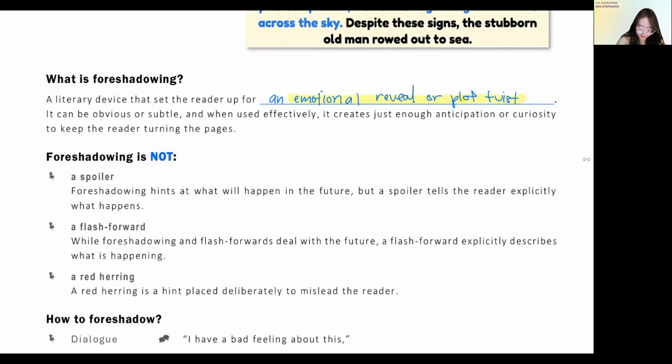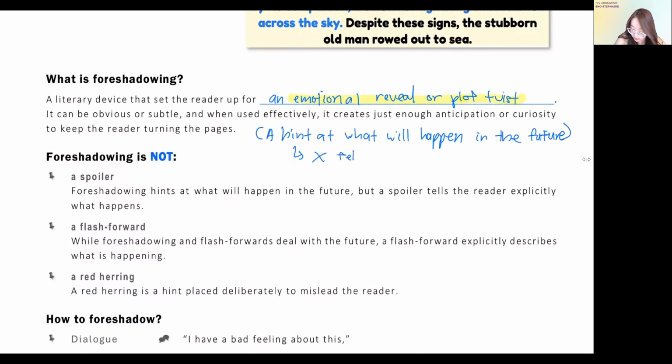It is a hint at what will happen in the future, but definitely without telling it explicitly. You are trying to say that, but without really saying it out.